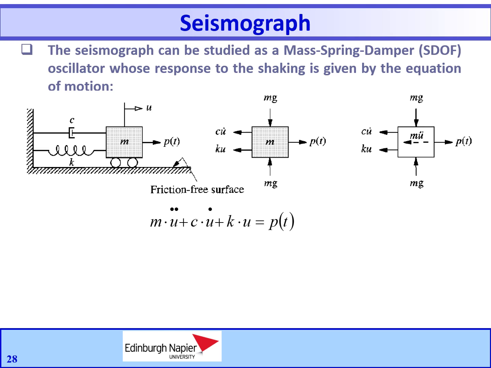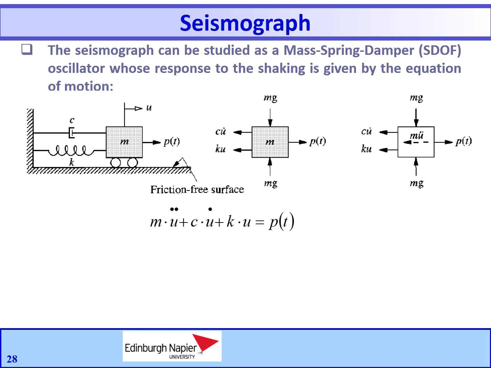Our single degree of freedom system is subjected to a time-varying external force which causes a displacement u. The movement of the mass generates restoring forces in the spring and damper, as shown in the free body diagram on the right. By Newton's second law, the resultant force is equal to the mass multiplied by the acceleration.